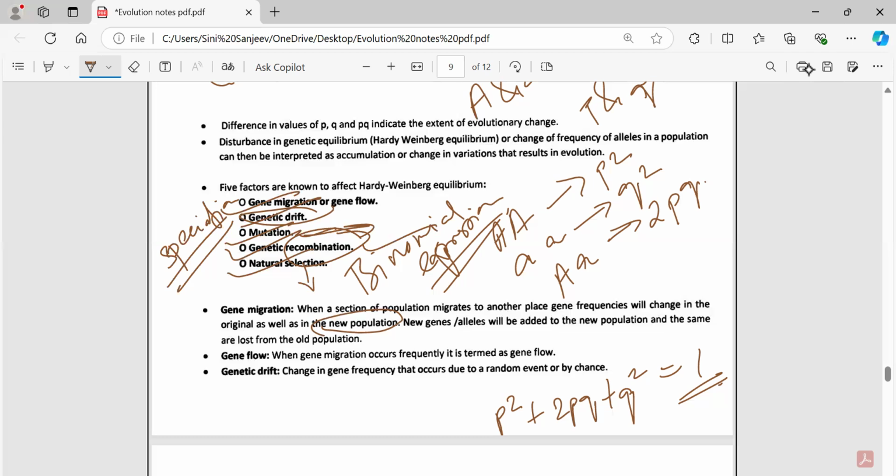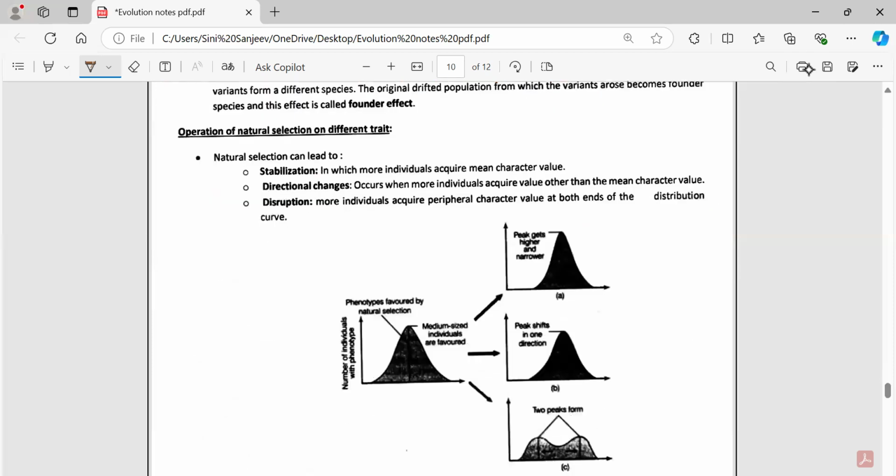Whenever there is a reshuffling, it's like shuffling cards: you don't know what you get, so it's an entirely different genetic variation. Hence it's called genetic recombination. And natural selection, I have already told you, is related to Darwinism. But obviously, in natural selection, there are three things you have to keep in mind.